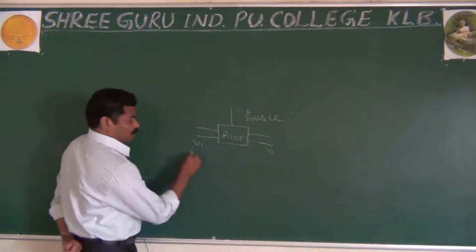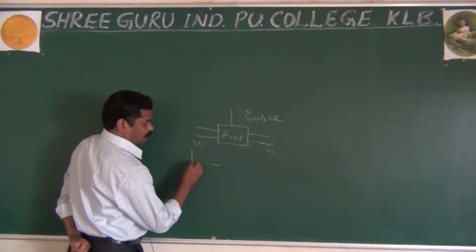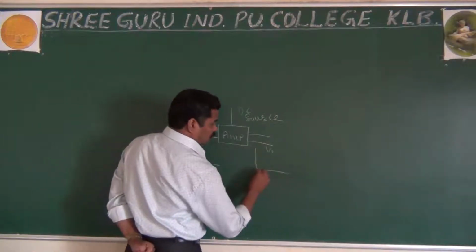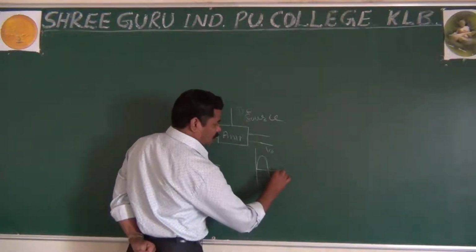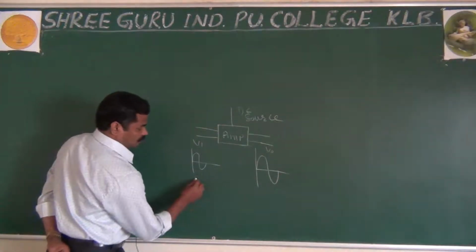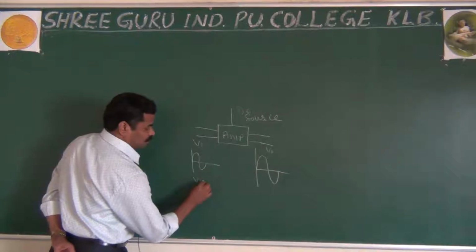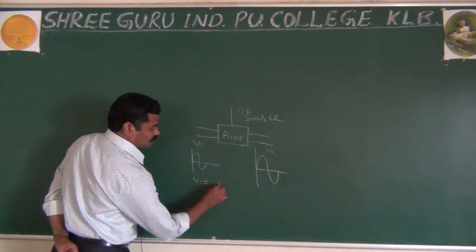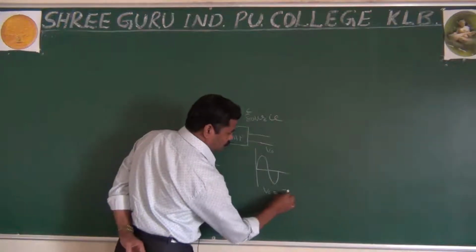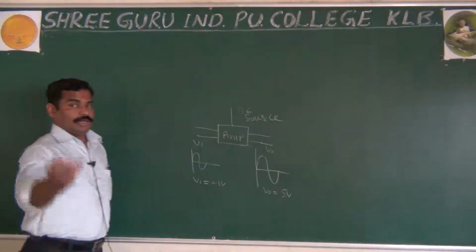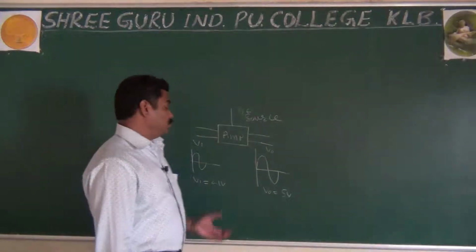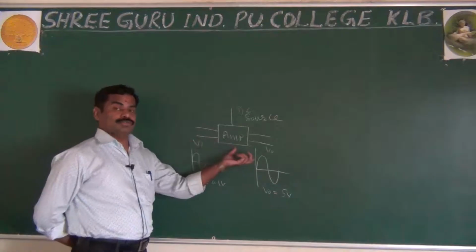It means if you apply a very small signal, we get a very high, strengthened signal. Especially I said in yesterday's class, you apply 0.1 as an input, but you get an output of nearly about 5 volts. But according to the conservation of energy, energy cannot be created or destroyed.